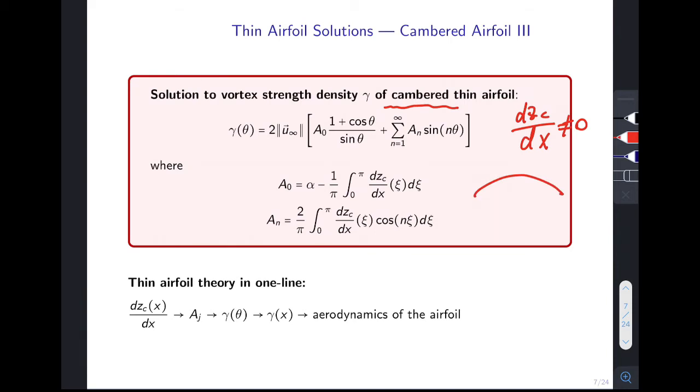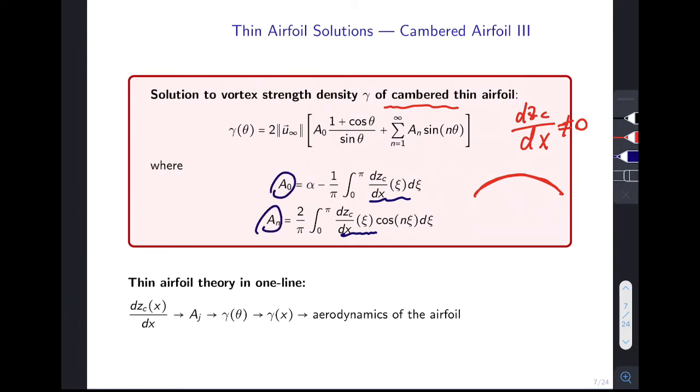We have our camber line, and it's a very thin airfoil, and the potential flow solution around this can be expressed. It can be solved just by using the equation in this block. So you see the geometry profile comes in here, and you just need to compute the integrations.